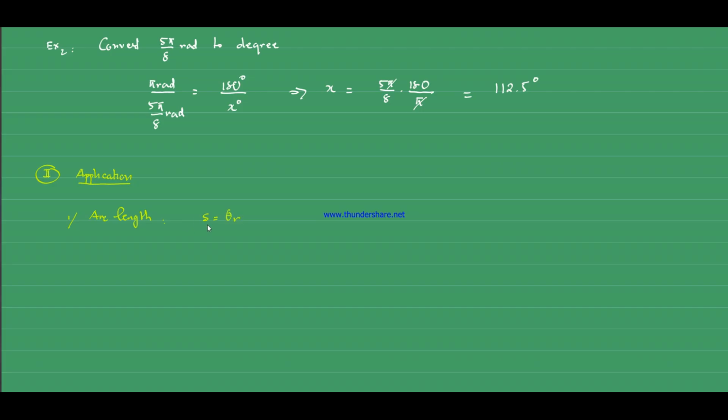S is the arc length and R is the radius, and theta is the angle intercepted by the arc. So if you draw the picture, we're going to have something like this.